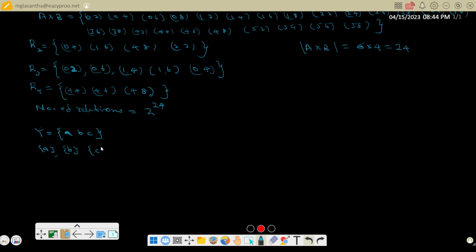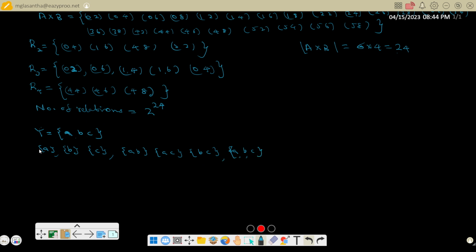Then sets with two members: A, B; A, C; B, C. And taking all members A, B, C, three members at a time.